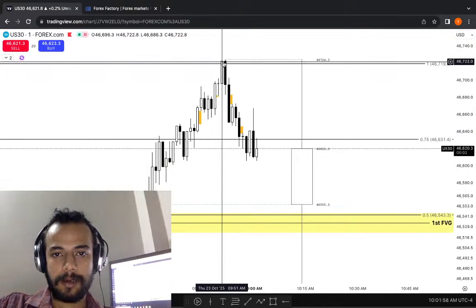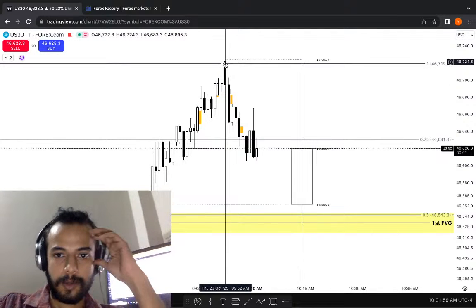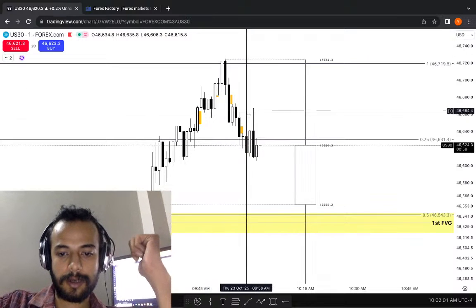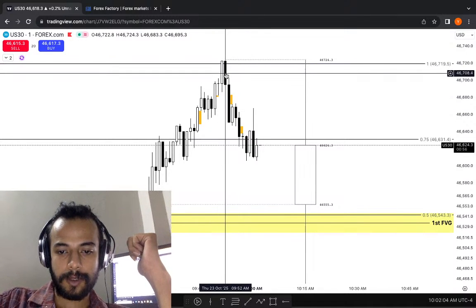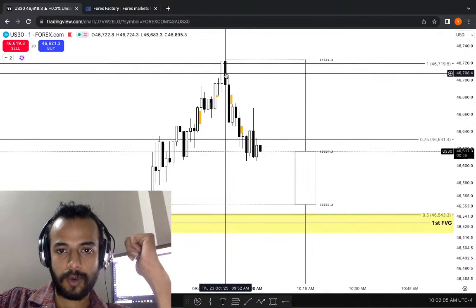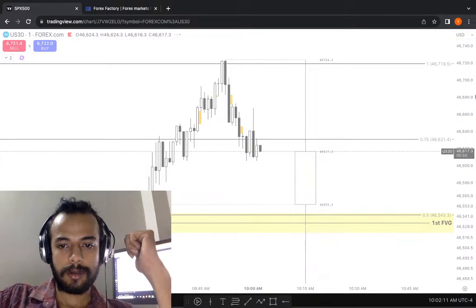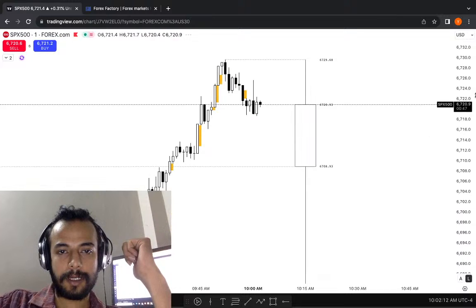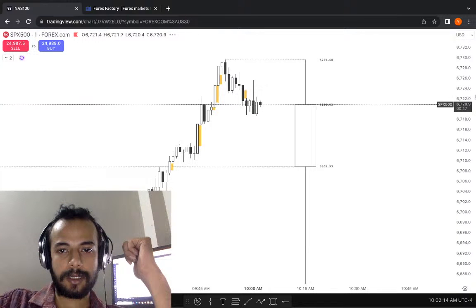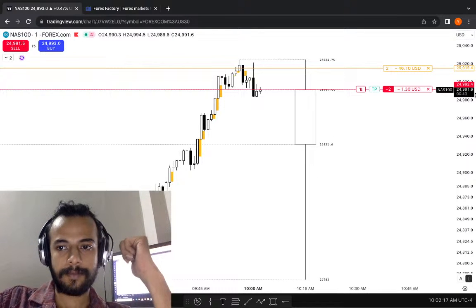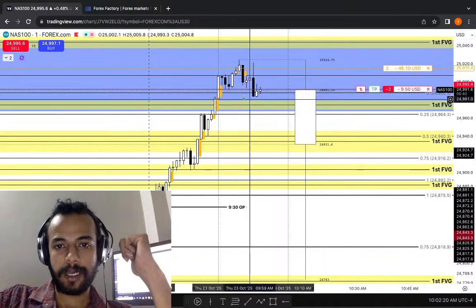Look at that. US 30 started its downward journey from 952. Okay, it is still continuing lower, but Nasdaq is just hovering around my entry.